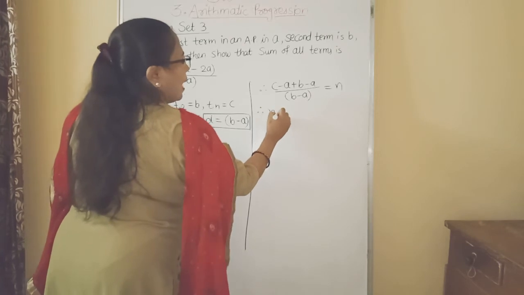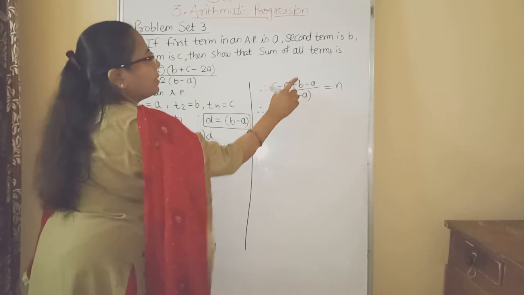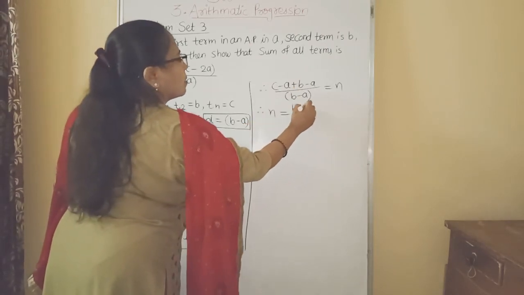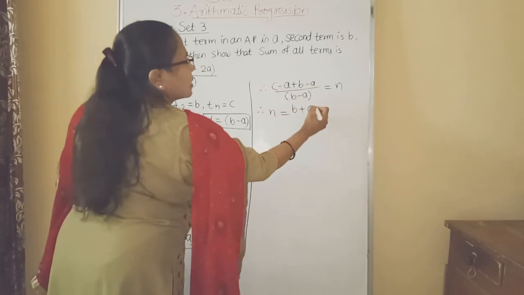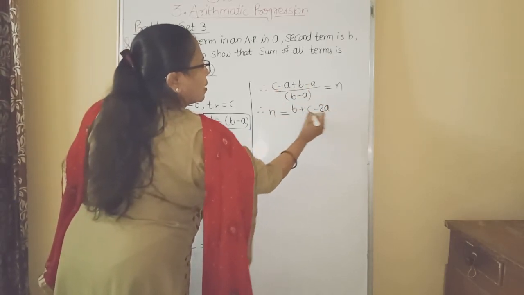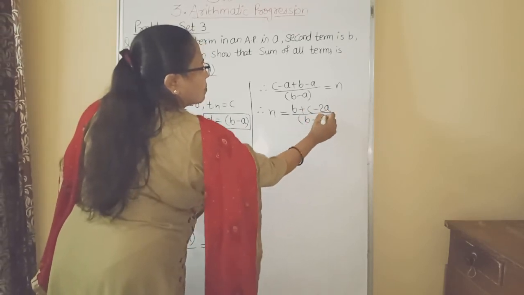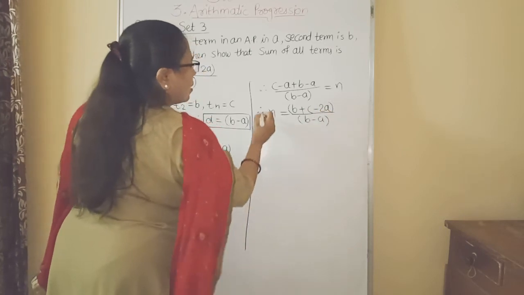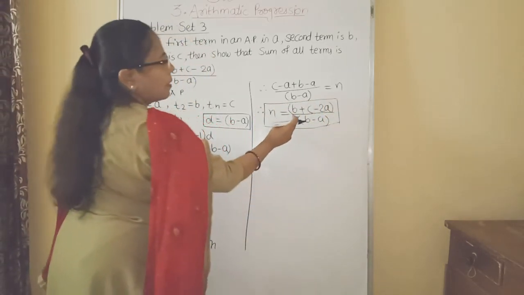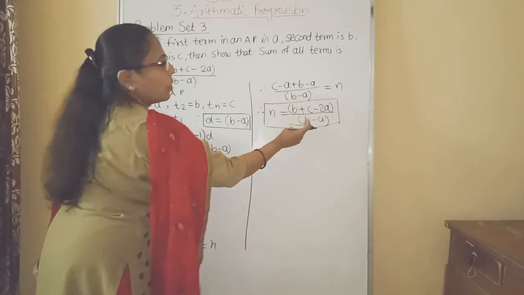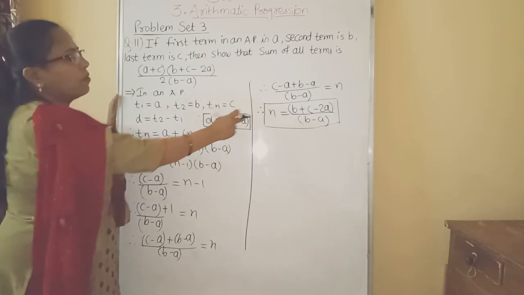Therefore, n is equal to B plus C minus 2A upon B minus A. Okay, we got d, we got n.